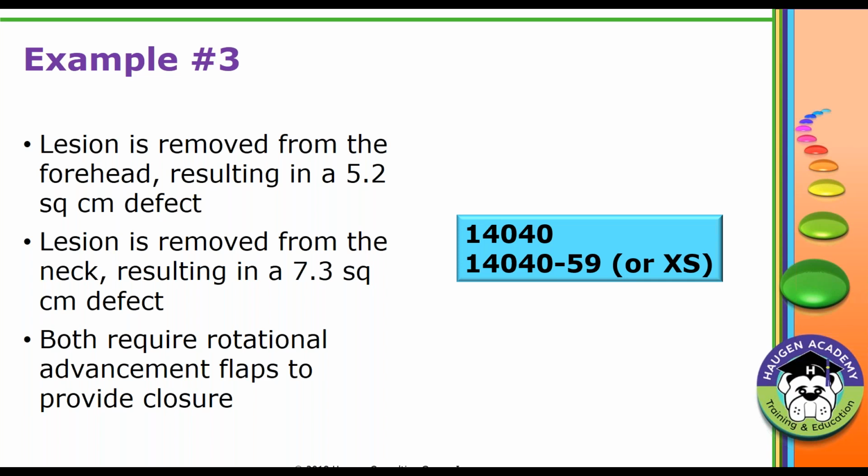We are going to add a 59 or an XS modifier just to separate those two sites. If your payers are accepting the XS modifier, that's going to be more specific than the 59 modifier, but if you have to use the 59 modifier, this would be an appropriate way to do it since it is a separate site.